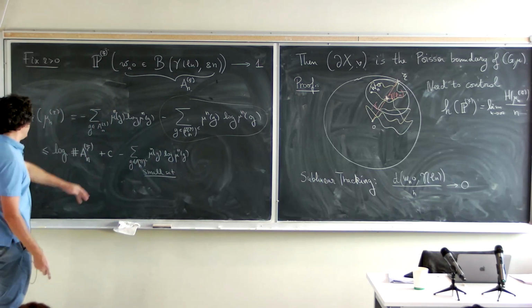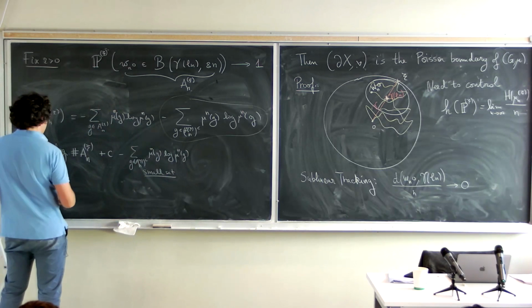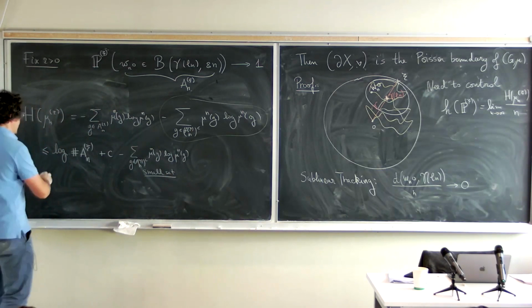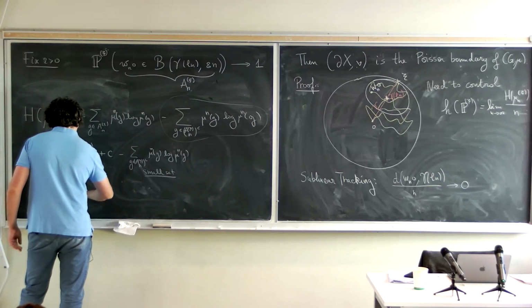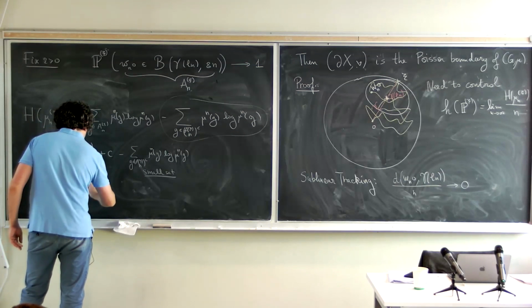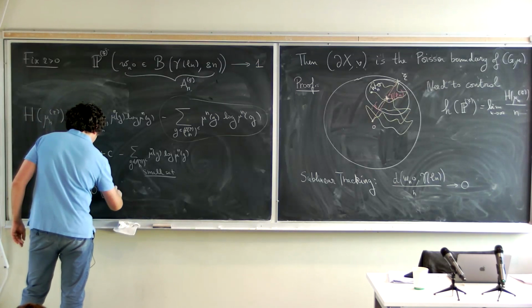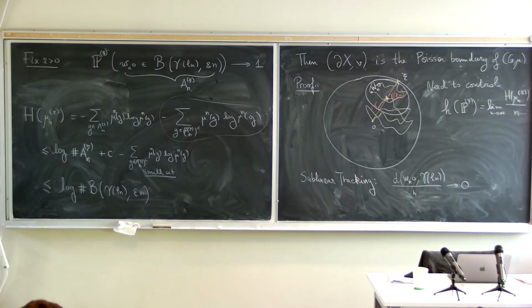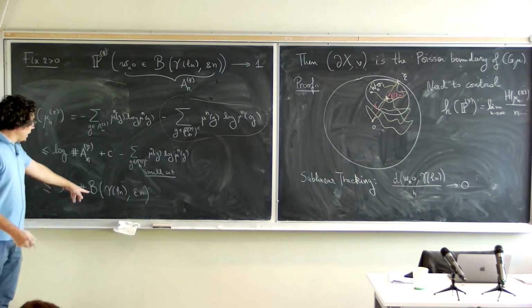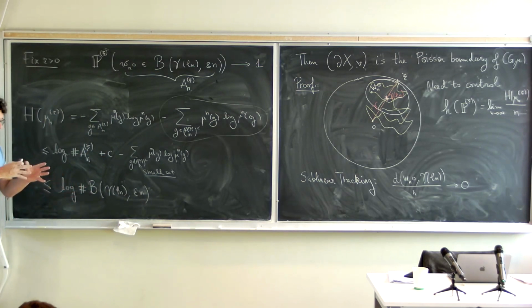But what matters is this term. So what is it? This is the log of the cardinality of the ball around gamma L_n of radius epsilon n. We also know that this action has exponentially bounded growth.